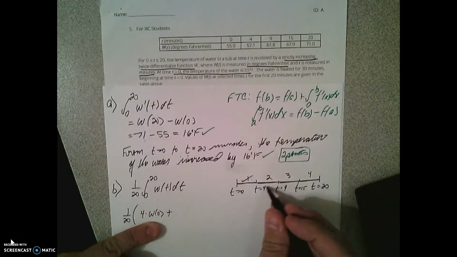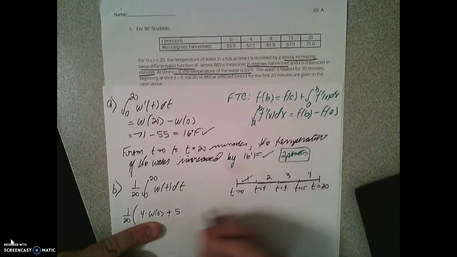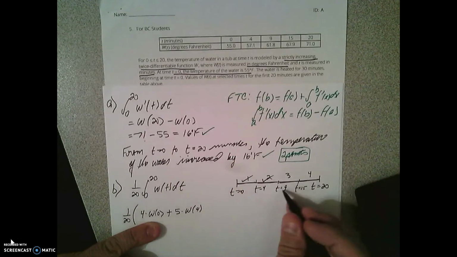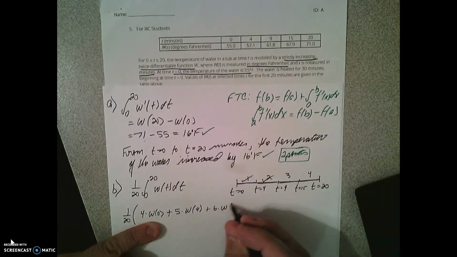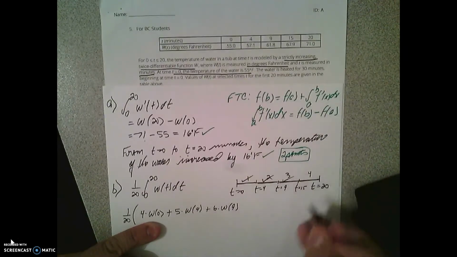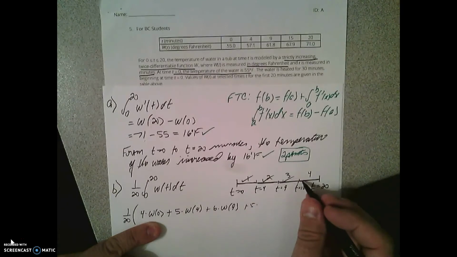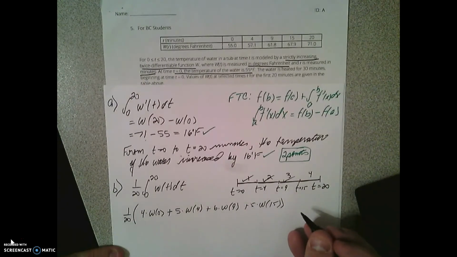W is the function. I want to make sure I use the proper function name. That's the first one. The second rectangle has a width of 5, and then I find the temperature of the water at time 4. The next subinterval has a width of 6, and then I find the temperature at time 9, check. The last one has a width of 5, and then I need the temperature at 15.